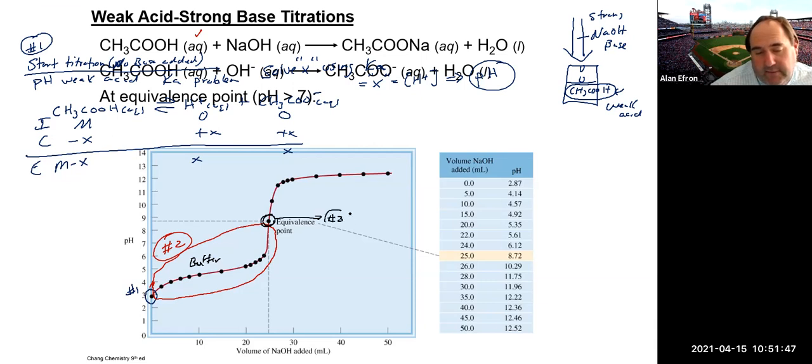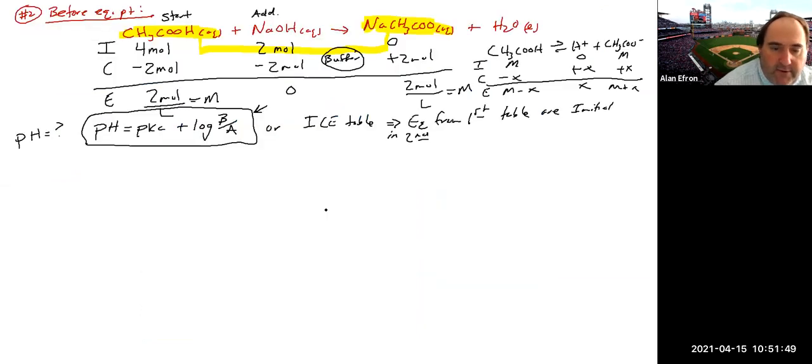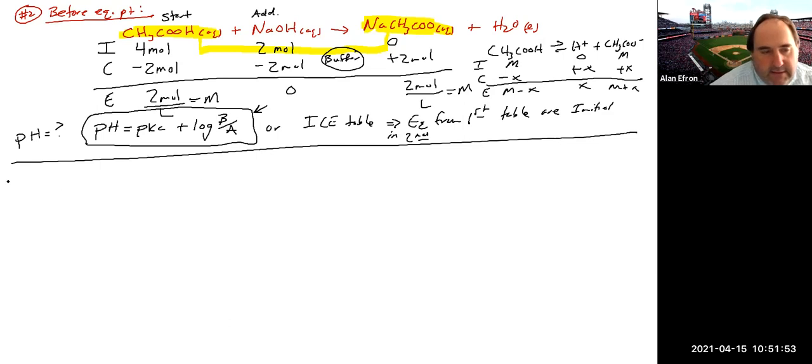We'll call it number 3 here. So number 3, which would be at the equivalence point. Again, we're adding, so that is going to require our reaction.